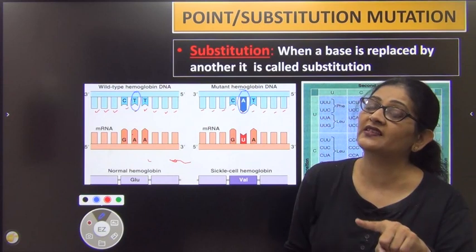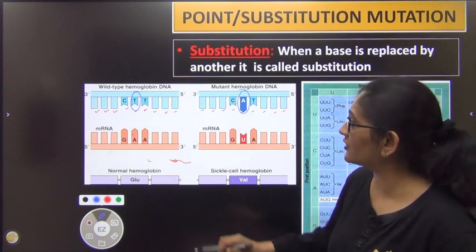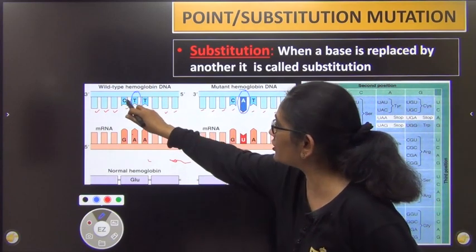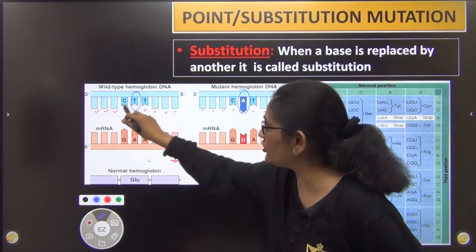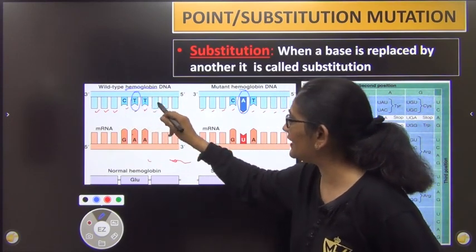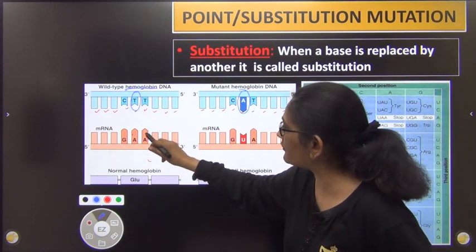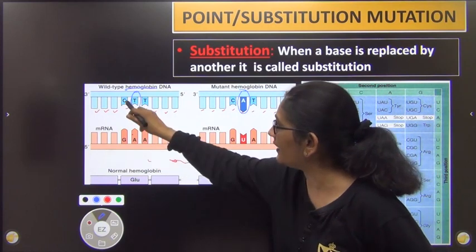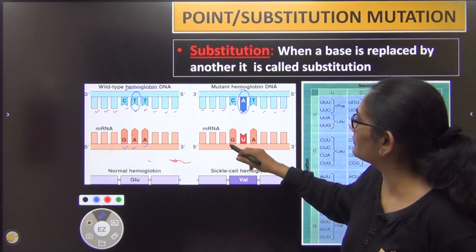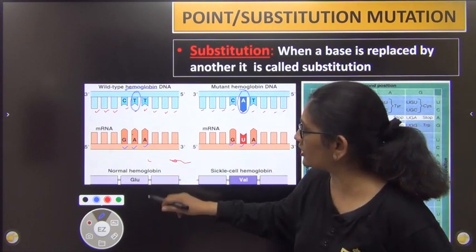Again, I will refer to the same example, that of sickle cell anemia, which you had studied in the previous chapter. See, just one nucleotide was substituted. The original DNA, the gene which is coding for hemoglobin, has CTT. Only one nucleotide changed, it became CAT. Now that was reflected in the corresponding mRNA. In mRNA, initially it should have been GAA. Now it becomes GUA, and now the corresponding amino acid also changes.